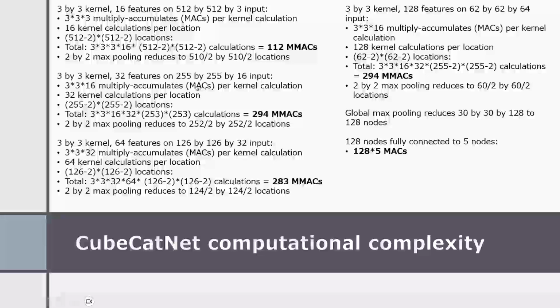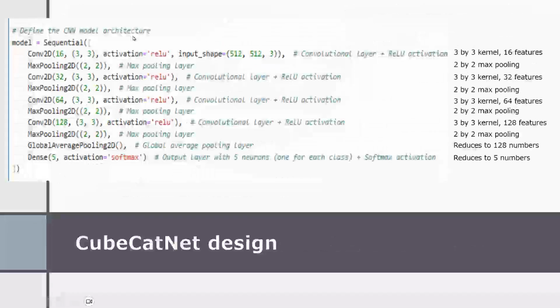All right, now as I said, what you should do is calculate how much computation is required for each operation. So I'll go through one of these in detail. This one here is describing the first layer. The first layer here was this 3 by 3 kernel with 16 features, and it's acting on an image, a 512 by 512 image with 3 channels.